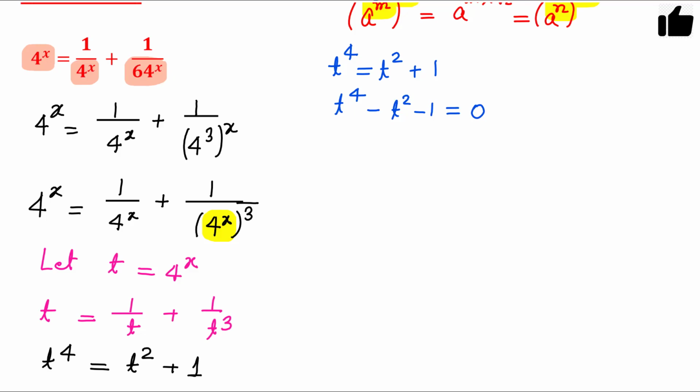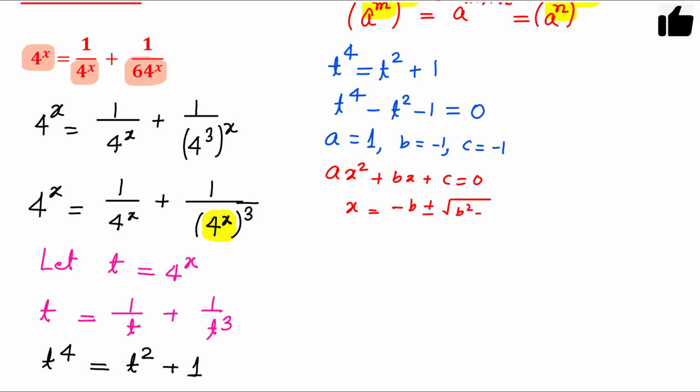And in this case, what is the value of a? a is 1 and b is minus 1 and c is equal to minus 1. You remember the quadratic equation is ax square plus bx plus c is equal to 0, and the root is given by minus b plus minus square root of b square minus 4ac, divided by 2a.